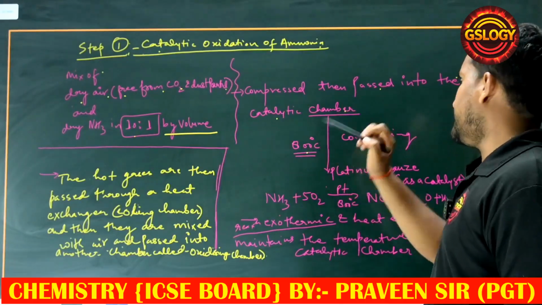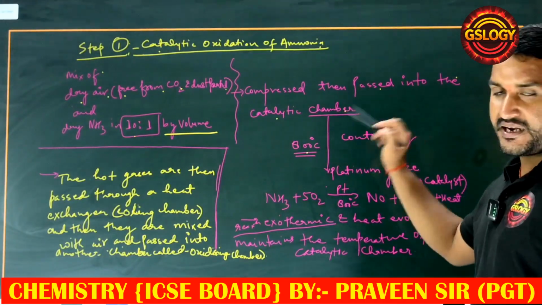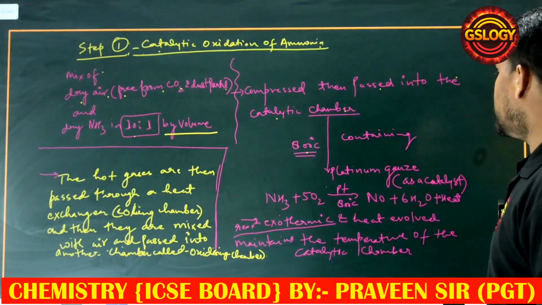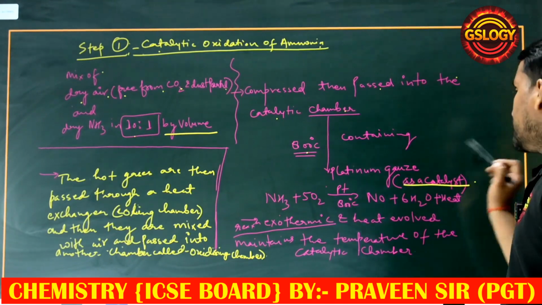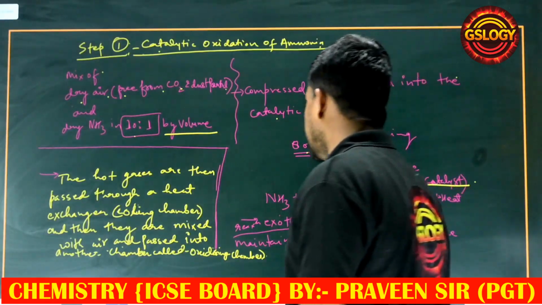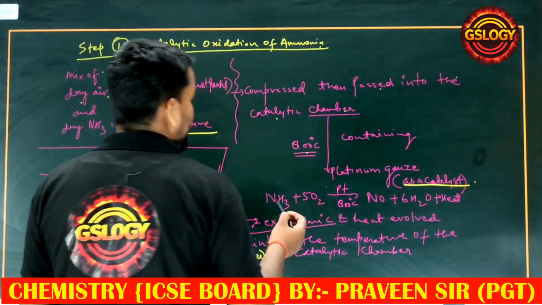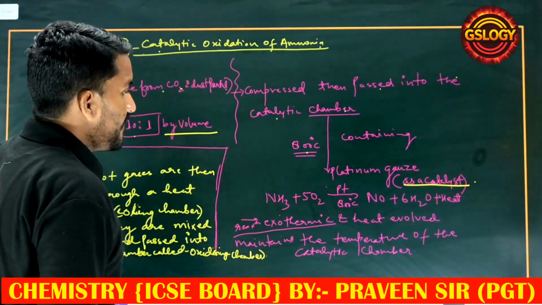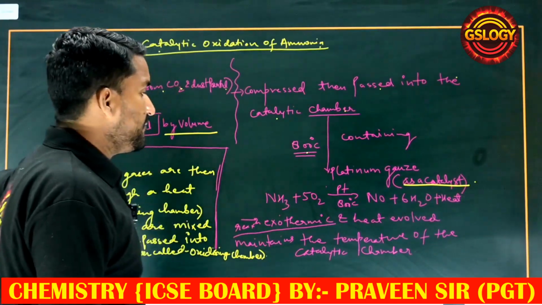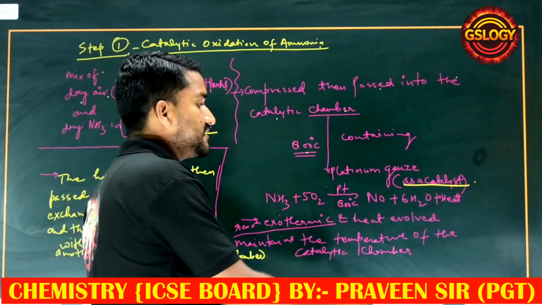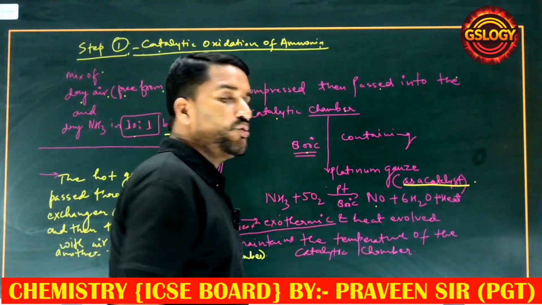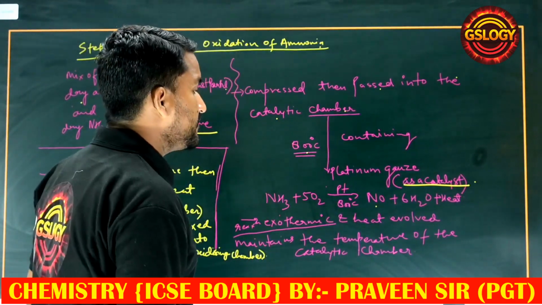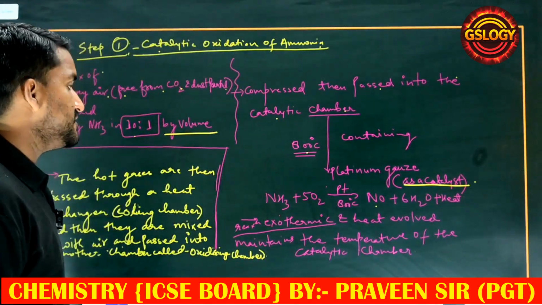The chamber is at 800 degrees Celsius and contains platinum gauze as a catalyst. When ammonia is oxidized in the presence of the catalyst Pt at 800 degrees Celsius, it forms NO, nitric oxide, and also water, and lots of heat is produced.